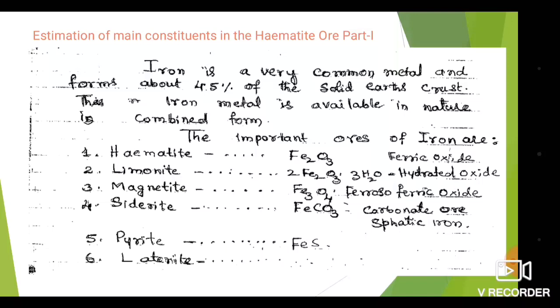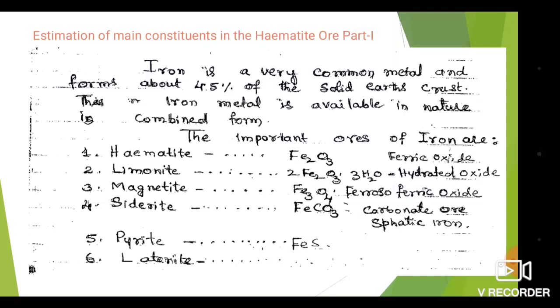The second ore is limonite, in which iron is present in a hydrated oxide form, that is Fe2O3·3H2O. The third ore of iron is magnetite, in which iron is present as ferroso-ferric oxide, that is Fe3O4. The fourth ore is siderite, in which iron is present in the carbonate form, spathic iron ore, that is FeCO3.